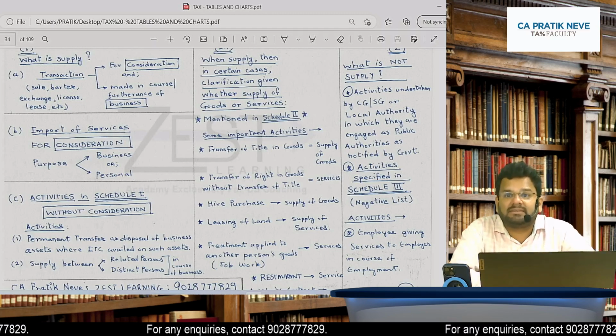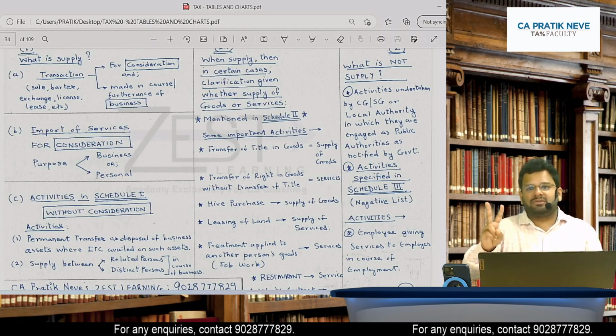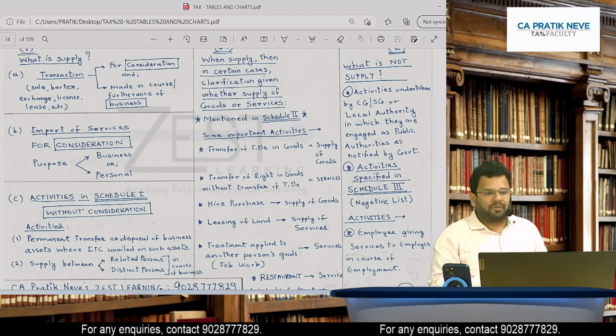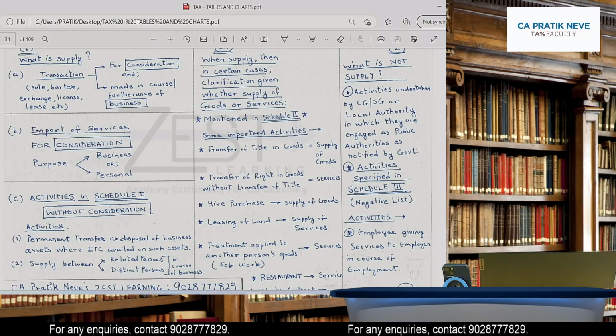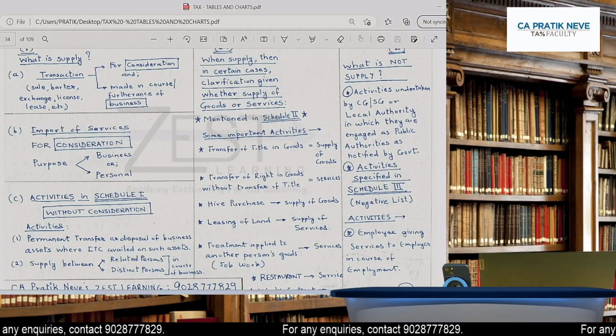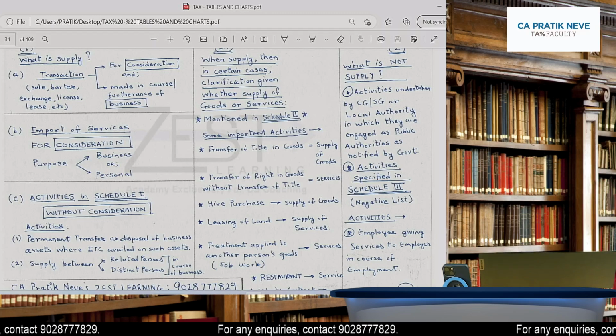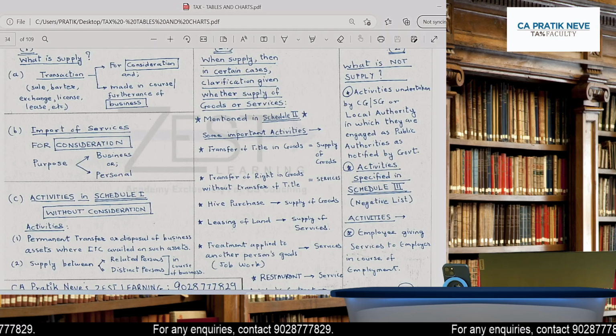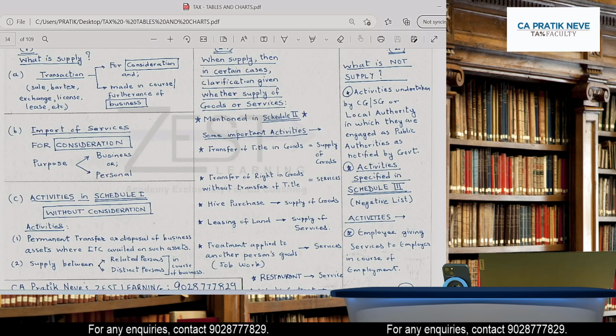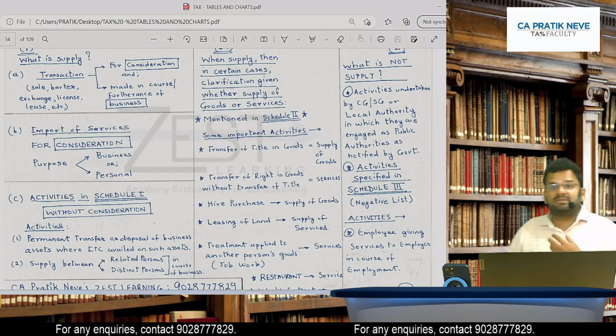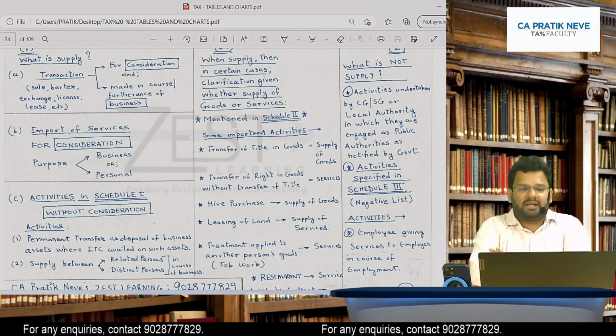Clause A says that two things should be satisfied. One, there should be an activity in course or furtherance of business, isn't it? And that activity should be for consideration. Got the point? So whenever there is any activity and that activity is for consideration, we can call it as supply.